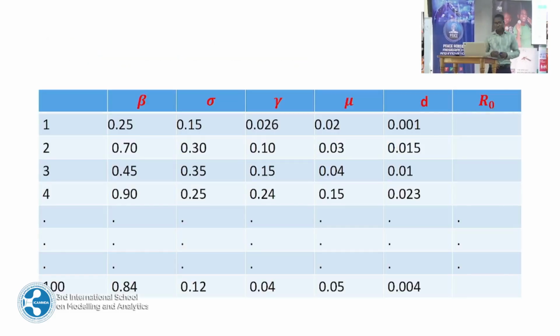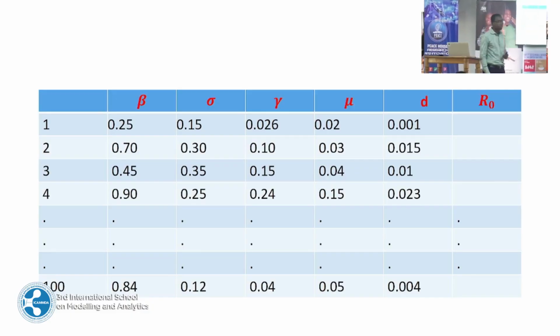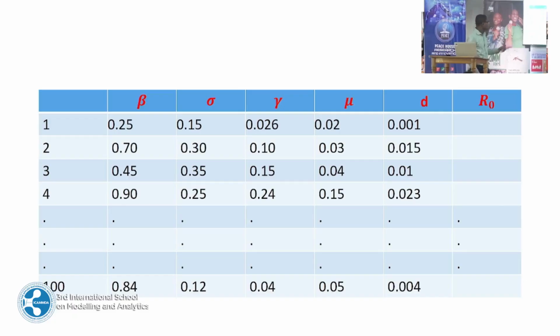So I tried to do some, even though I couldn't put that in. Remember our R naught, if these are the parameters in our R naught: beta, sigma, gamma, mu, and d. These are the parameter values that our LHS generated after it divided the range into 100 intervals.